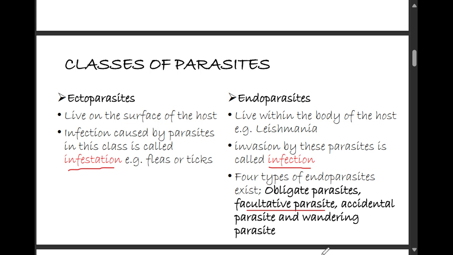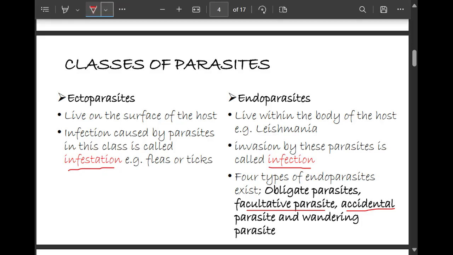Then we also have accidental parasites. These are parasites which infect an unusual host. For example, we have the parasite by the name of Echinococcus granulosus.